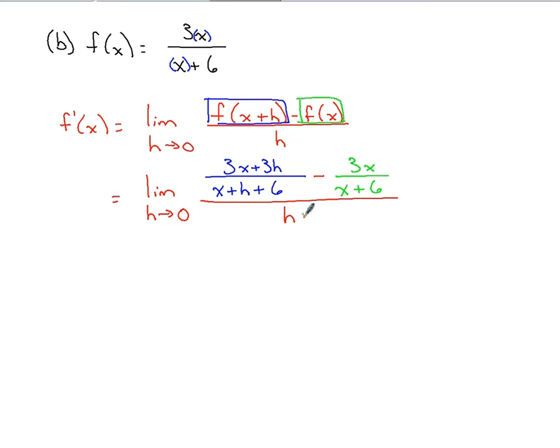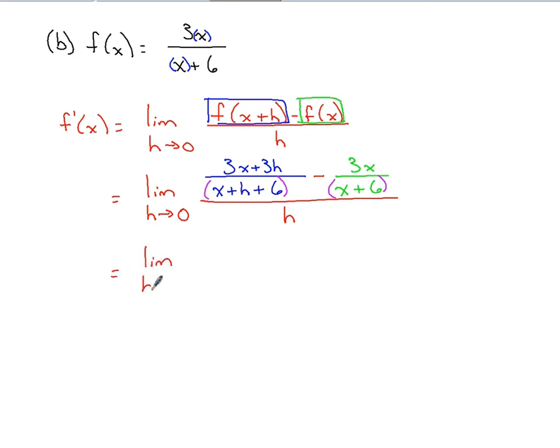So we've got these fractions within a fraction, meaning we have to clear those fractions out. So what we're going to do here is take these denominators, and in theory we're going to multiply numerator and denominator by that product of denominators. If we do that, what ends up happening?